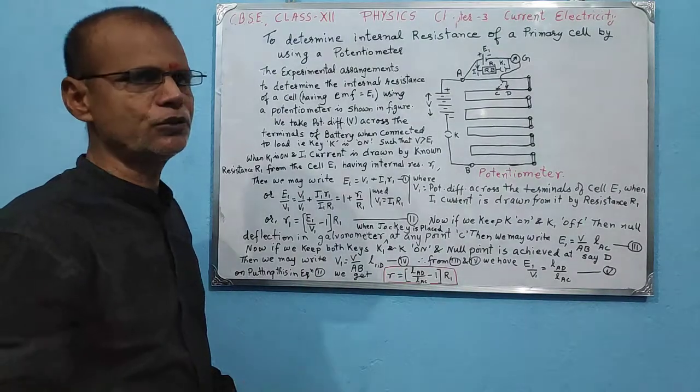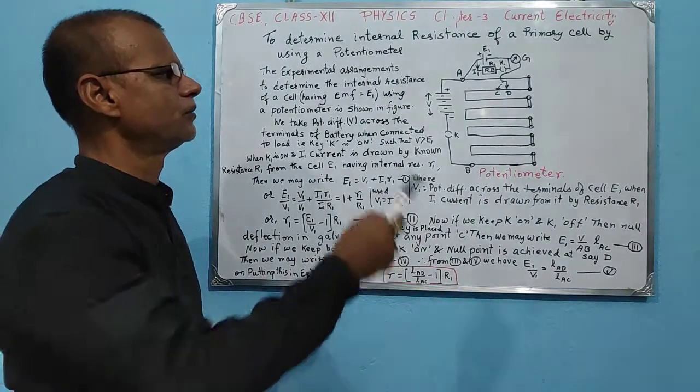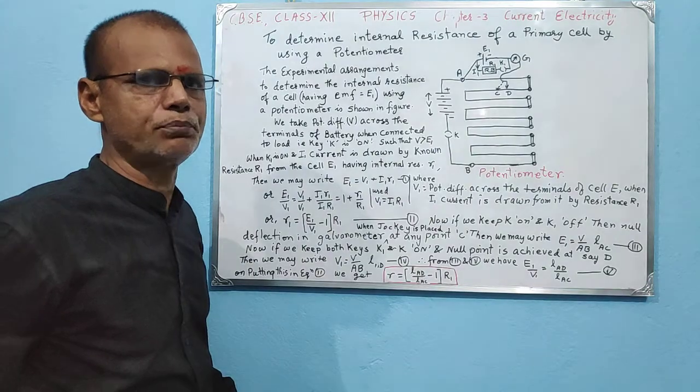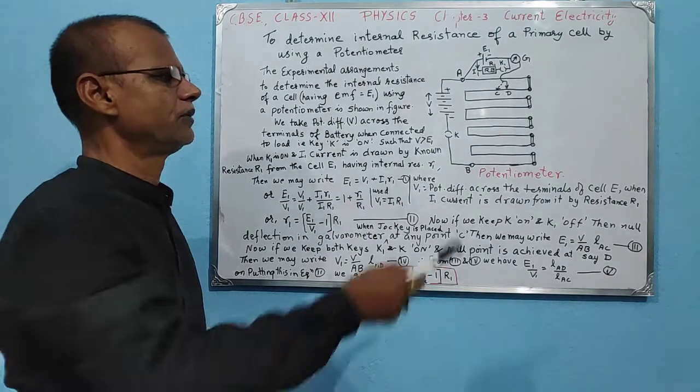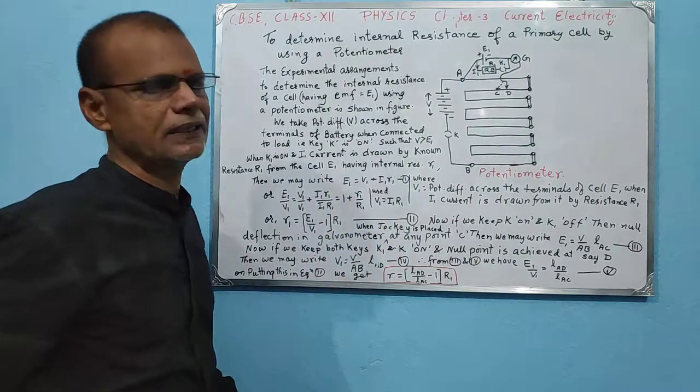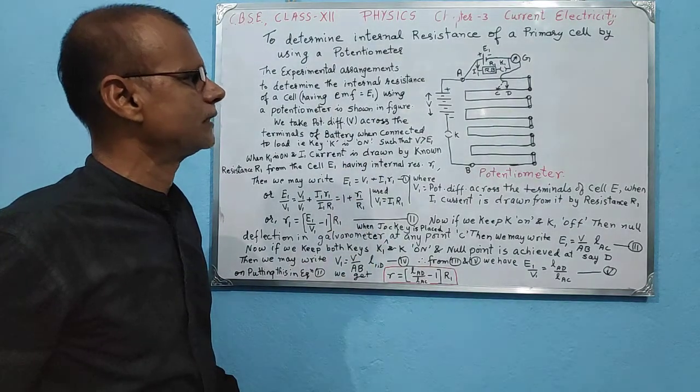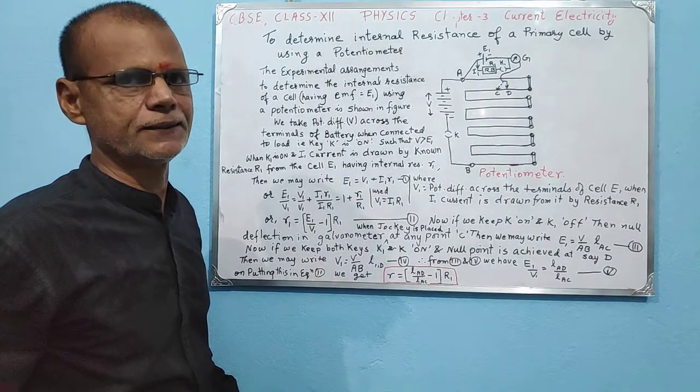If we don't do so, what will happen? We will not get any null point for null deflection in the galvanometer.